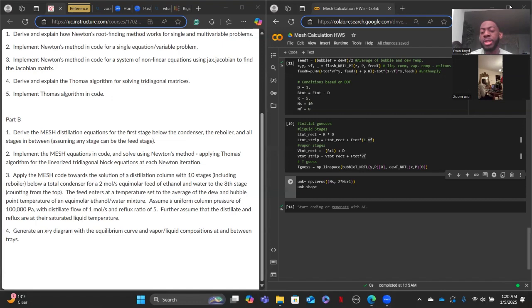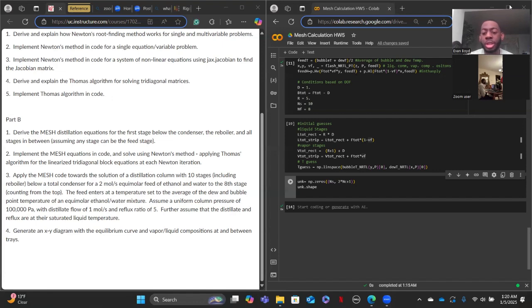The one minus the vapor fraction is basically like the quality. So we have vapor composition coming in, and if you want the liquid, we do one minus the vapor fraction and then multiply that by our feed total. Okay. All right.